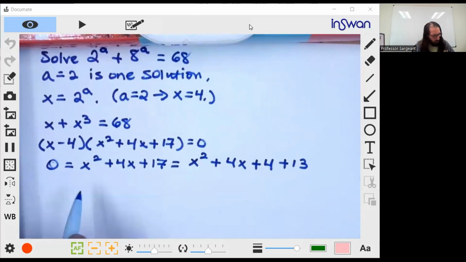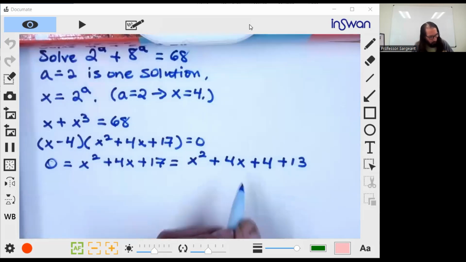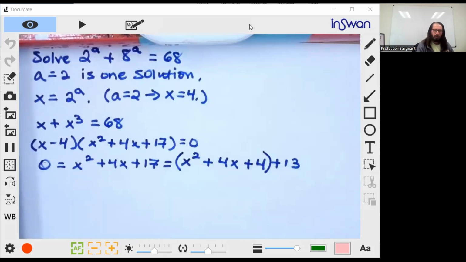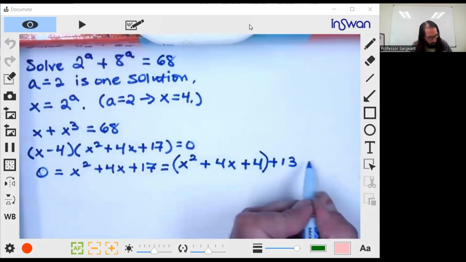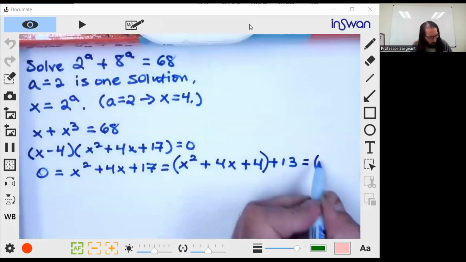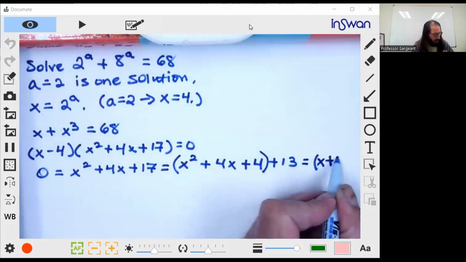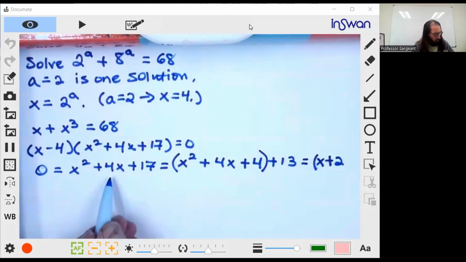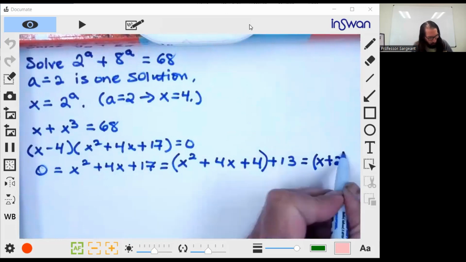Taking that approach allows me to see that part as a perfect square trinomial. And I again see what happened when I took half of the coefficient of x to the first. That was 2.